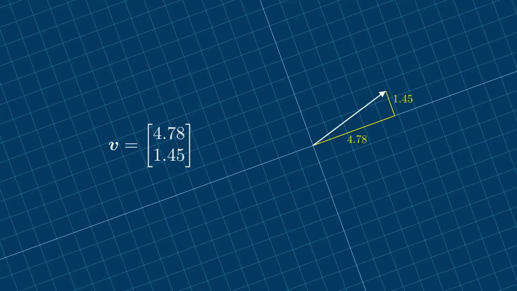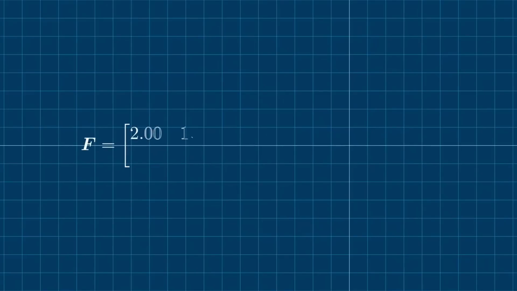Okay, let's apply what we have learned about first-order tensors to second-order tensors. Let's take this matrix as an example. A matrix is difficult to visualize, but what we can visualize is what happens when we multiply the matrix by some vectors. For example, multiplying the matrix by this vector gives us this transformed vector.